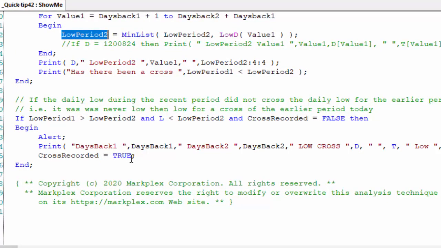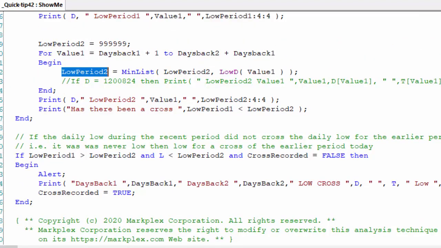So that resets at the beginning of each day. So each day we go through each bar and see if there has been a cross. So anyway, it's a fairly straightforward, simple program.